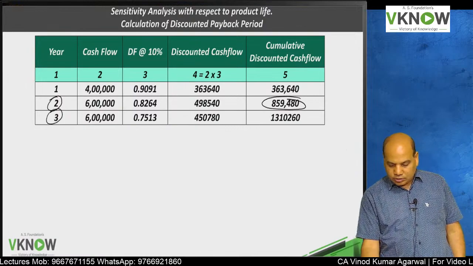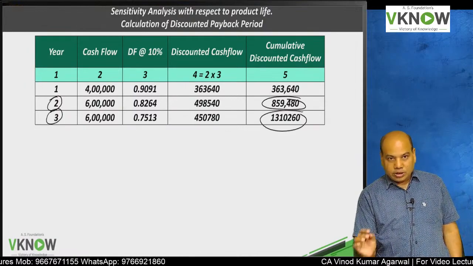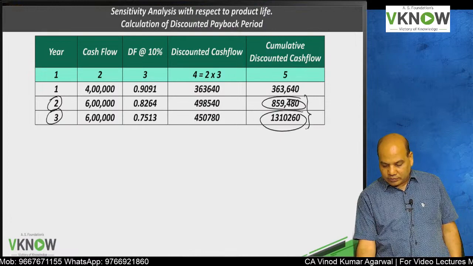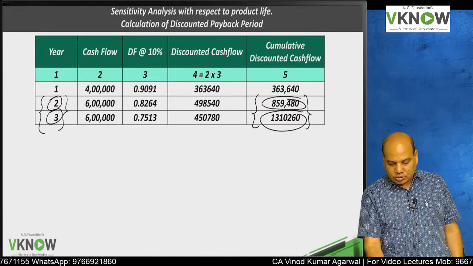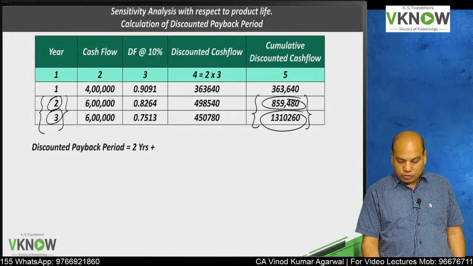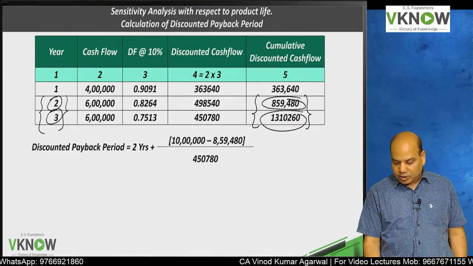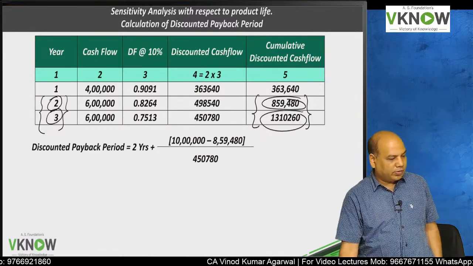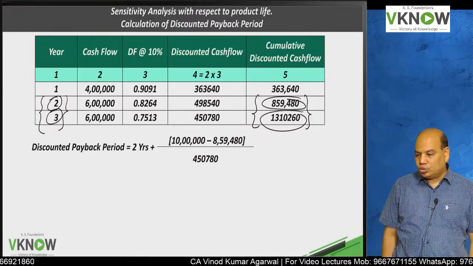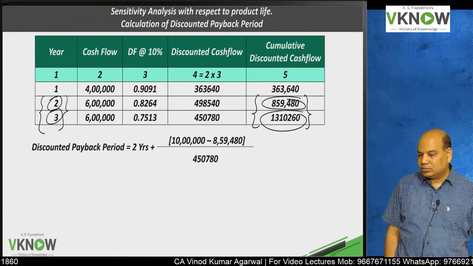In year 3 you recovered this amount, but I need to recover 10 lakh. 10 lakh will be somewhere between 2 and 3 year. So write down discounted payback period is equal to 2 year plus.